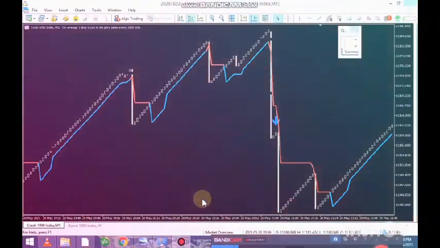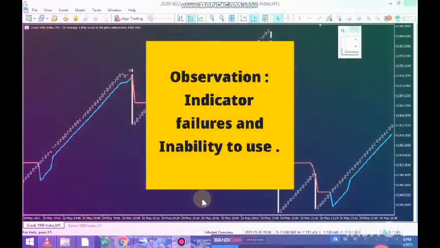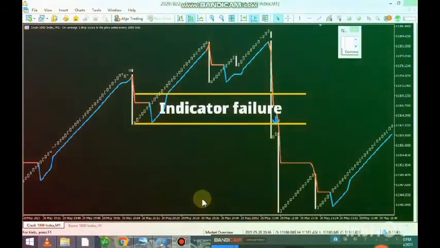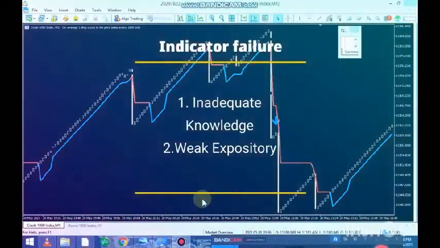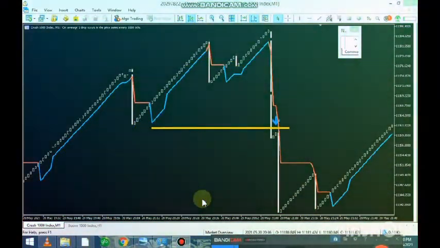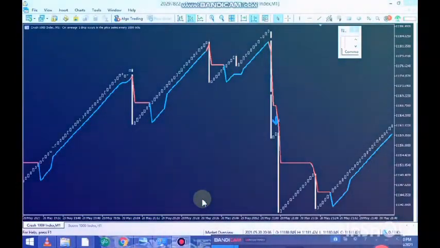One of the reasons why indicators fail, and why you cannot make use of an indicator properly, is because the giver, the programmer, or the person you bought it from is unable to give adequate information about how the indicator truly works.